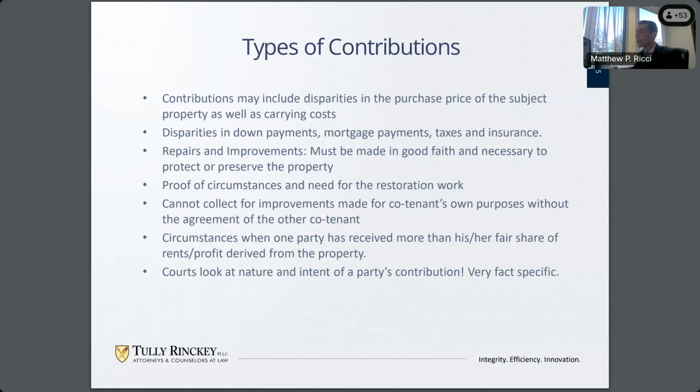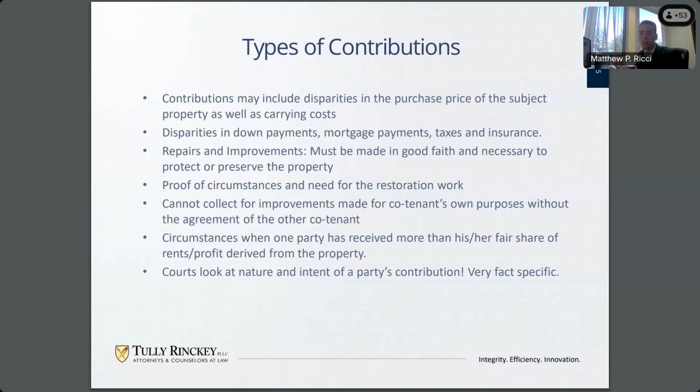The easiest types of disparities in contributions to consider when maintaining these actions are first looking at whether or not there were excess contributions or disparities made through down payments, maybe over the course of the possession of the property, if there were disparities in mortgage payments, tax bills, insurance premiums and payments.